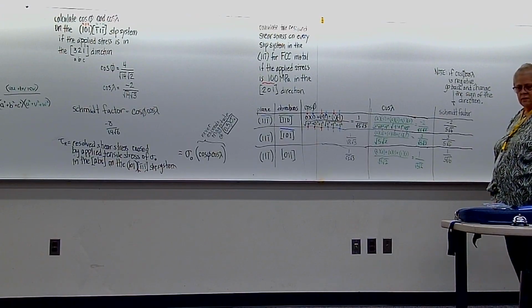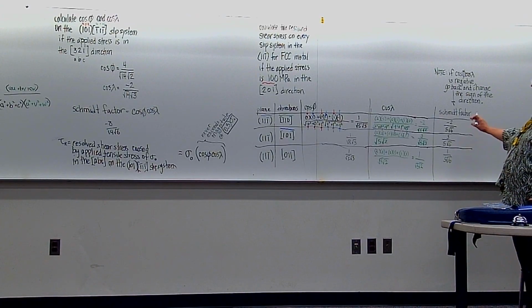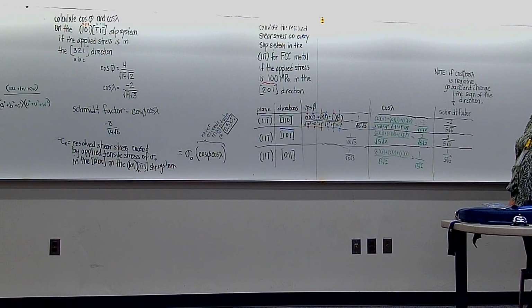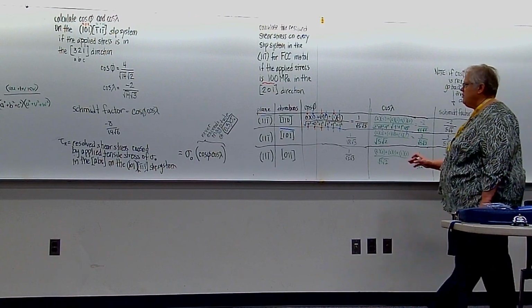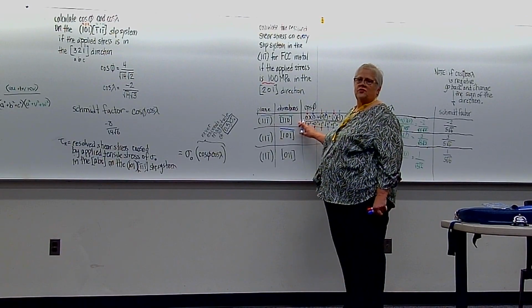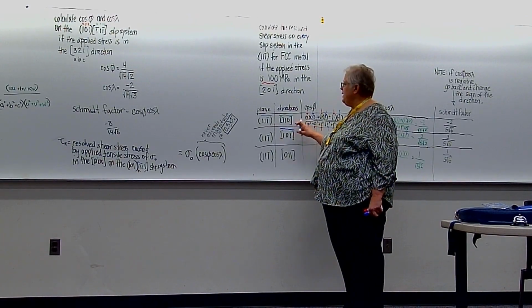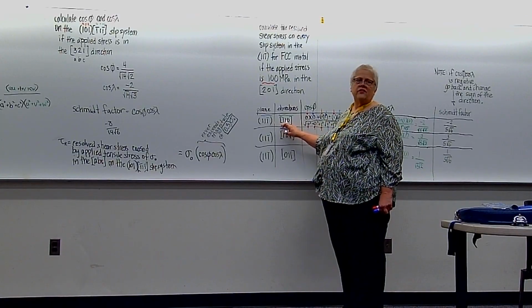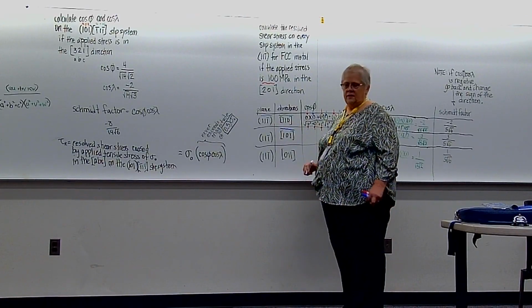Okay. If I get a negative value for Schmidt factor, it means that my shear component is in compression, which isn't going to cause any deformation. So what I have to do is go back to the direction and change its sign, which just means every negative you make positive, every positive you make negative.